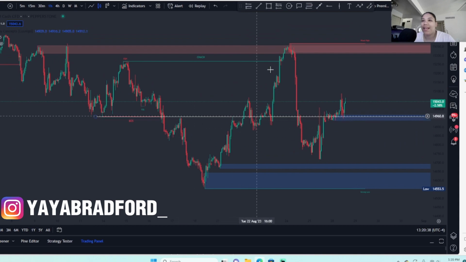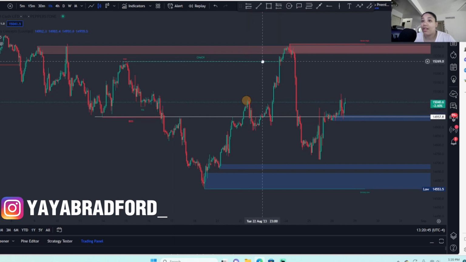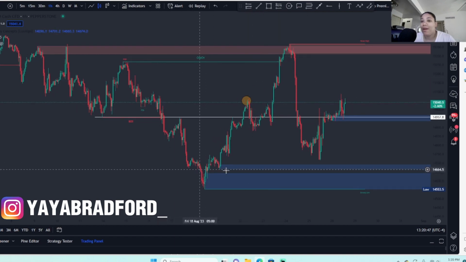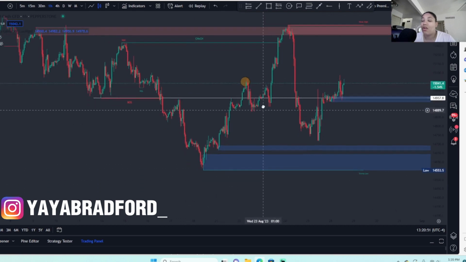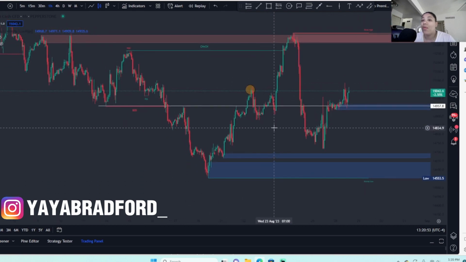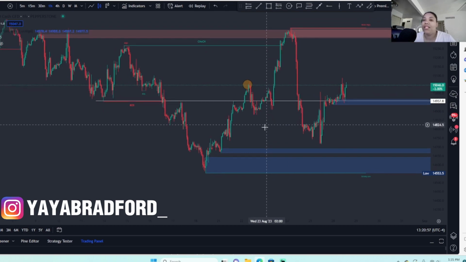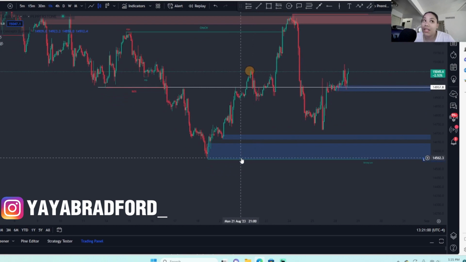Price came back and created a new high here. I hope y'all are keeping up with me. We're all on a 1 hour time frame. Don't go down to no lower time frame, y'all. So price came up. It did not give us a new low. Instead, it gave us a new high. So on a 1 hour time frame, what did this indicator do for you? This indicator gave you not only one demand zone, it gave you 2 demand zones.